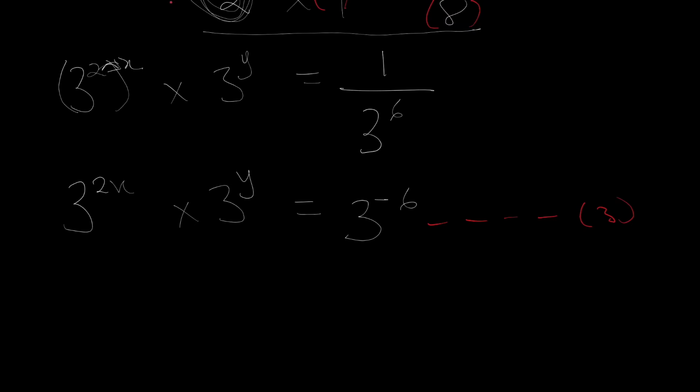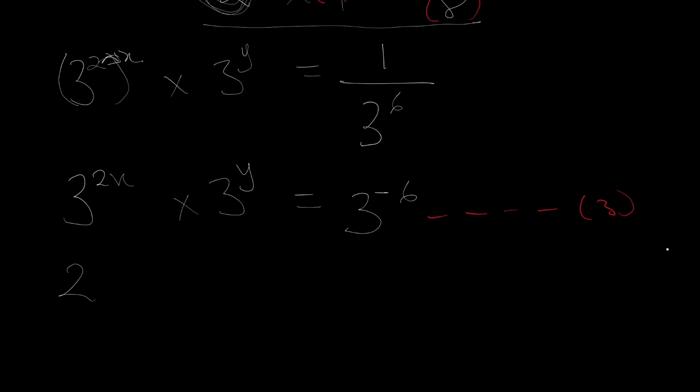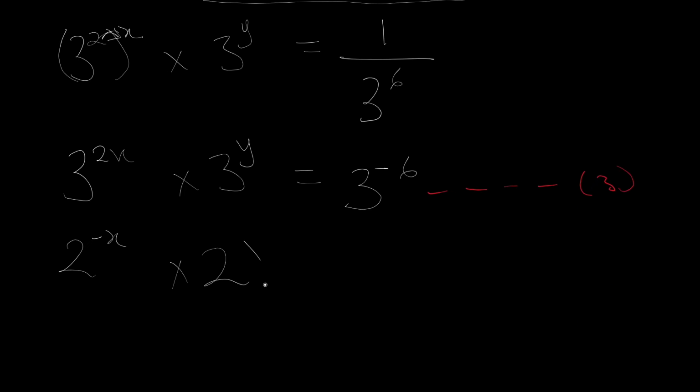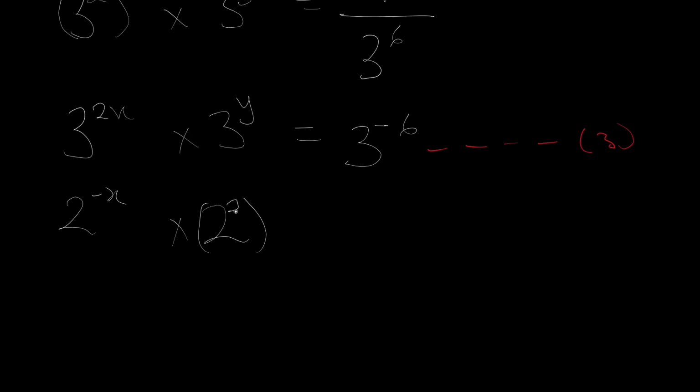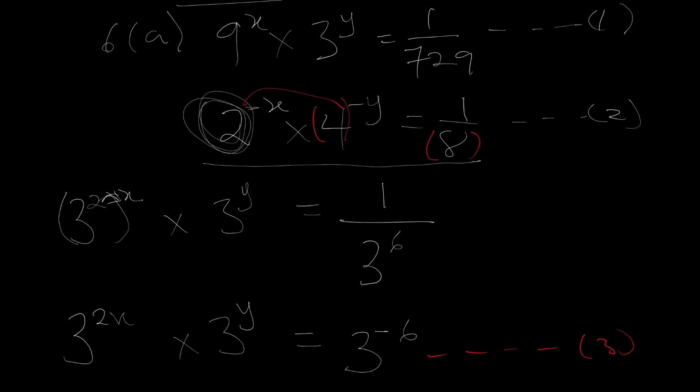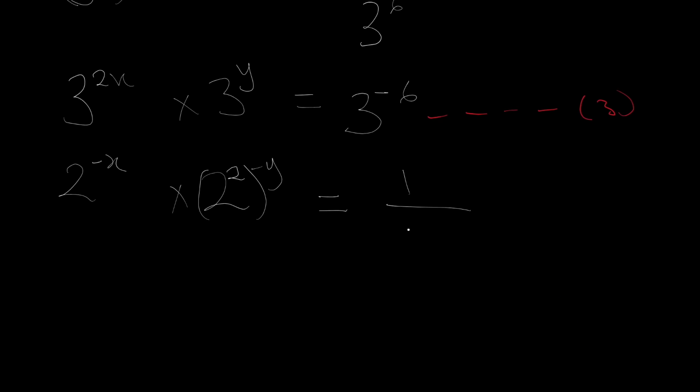So in that case, our equation 2 becomes 2 raised to the power negative x times 2 raised to the power 2, because negative y, should be equal to 1 over 8. Now 8 can be written as 2 raised to the power 3. So write it here, 2 raised to the power 3.